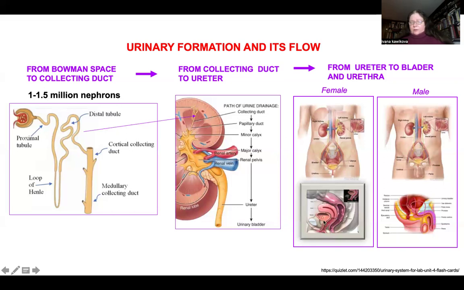So the urethra in women is short, and it's the outlet on its own for the urinary system, while in men, the urethra forms an outlet not only for urine, but also for ejaculate that arrives to the urethra first through the vas deferens, then in combination with the fluid of the seminal vesicles and prostate fluid becomes the ejaculatory duct, and the ejaculatory duct is now emptying its content into the urethra and out of the penis.